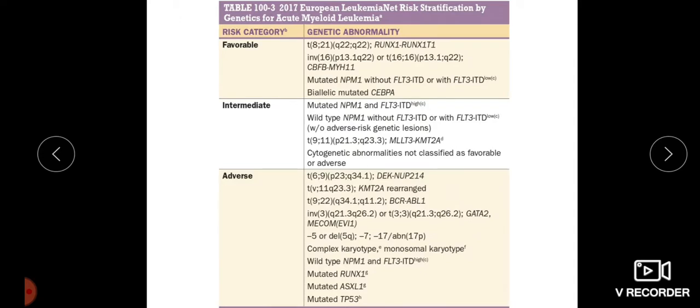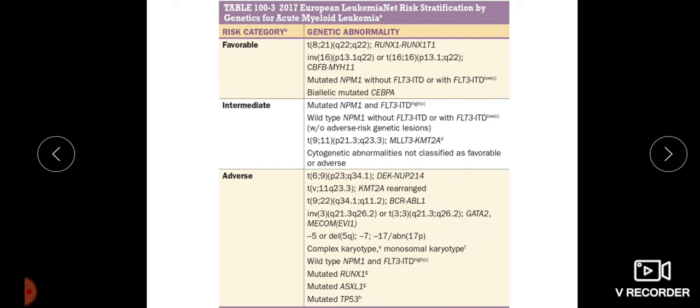Now this is the European LeukemiaNet risk stratification, which has favorable risk, intermediate risk and adverse risk. Favorable risk is, as we have seen, 8;21, inversion 16, 15;17 and CEBPA mutation. Intermediate risk is mutated NPM1, wild type NPM1 without FLT3-ITD, and 9;11 translocation.